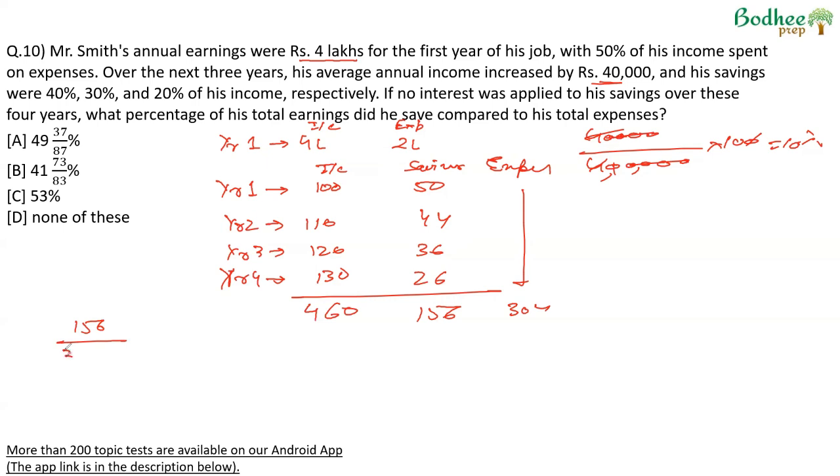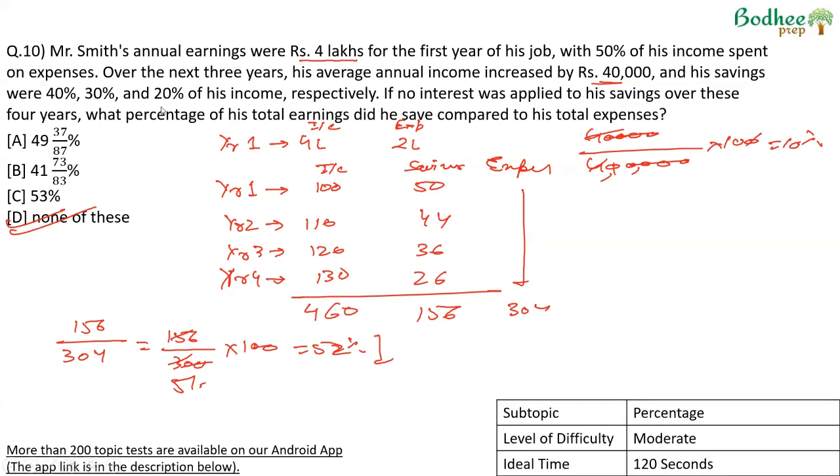So 156 upon 304 is what he will end up saving. 156 upon 300 as a percentage would come out to 52%. So the answer has to be just less than 52%, so 51 point something. Hence the closest answer will be none of these.